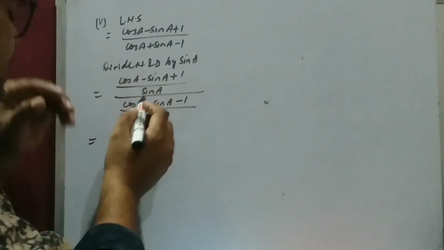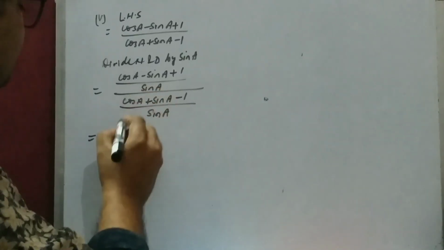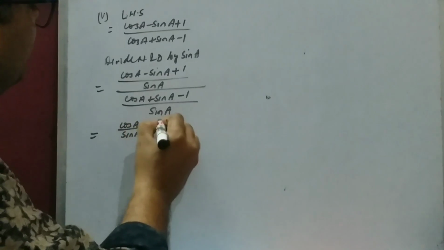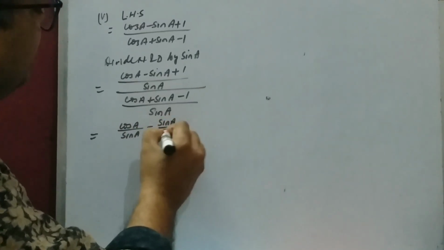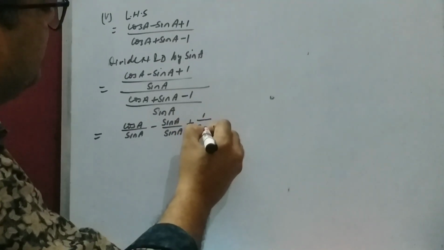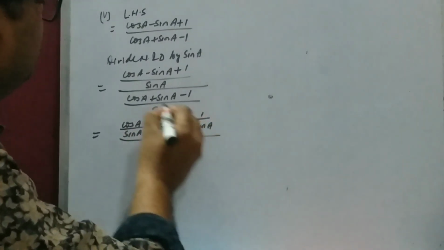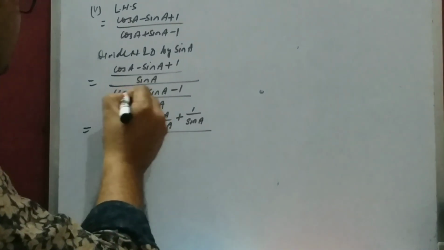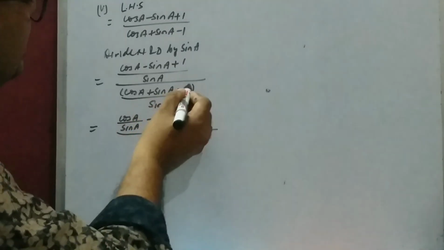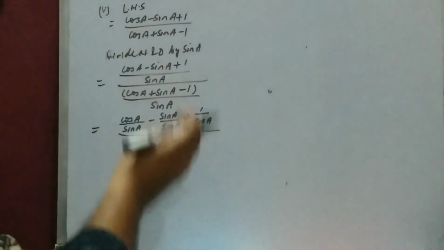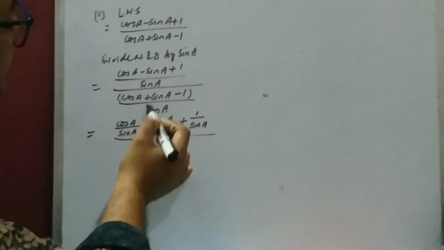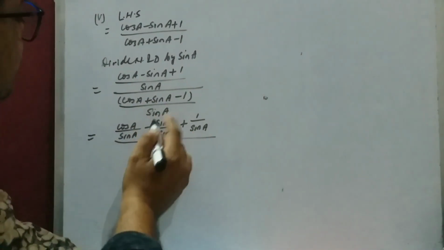Do the alternate division of numerator and denominator. You will get cos A by sin A minus sin A by sin A and 1 by sin A. And similarly in denominator here, this divided by this, and this divided by this. In my point of view, this is called alternate division of numerator by single denominator.